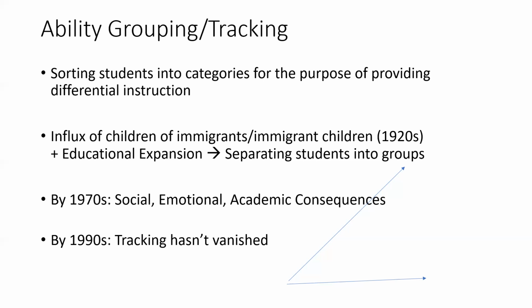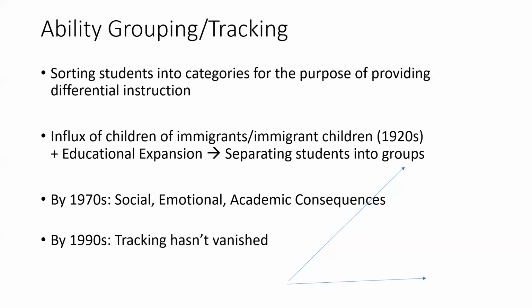So the longer that students were placed in a particular track, the greater the difference was in their abilities and their performances on standardized tests and those kinds of things, in addition to growing gaps in their attitudes towards, say, learning, or even in their self-esteem.